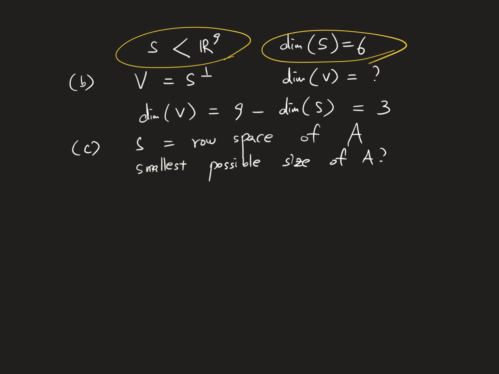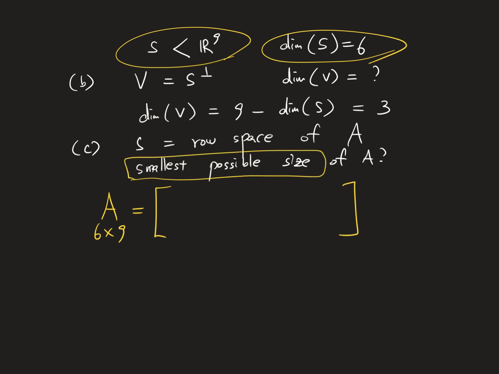So in this case, A should be this shape, and the size will be 6 by 9. Well, it could be bigger, 7 by 9, if we have dependent rows, but the question is the smallest possible size, and the dimension should be 6, so we have at least 6 rows. So that's why the smallest possible size is 6 by 9.